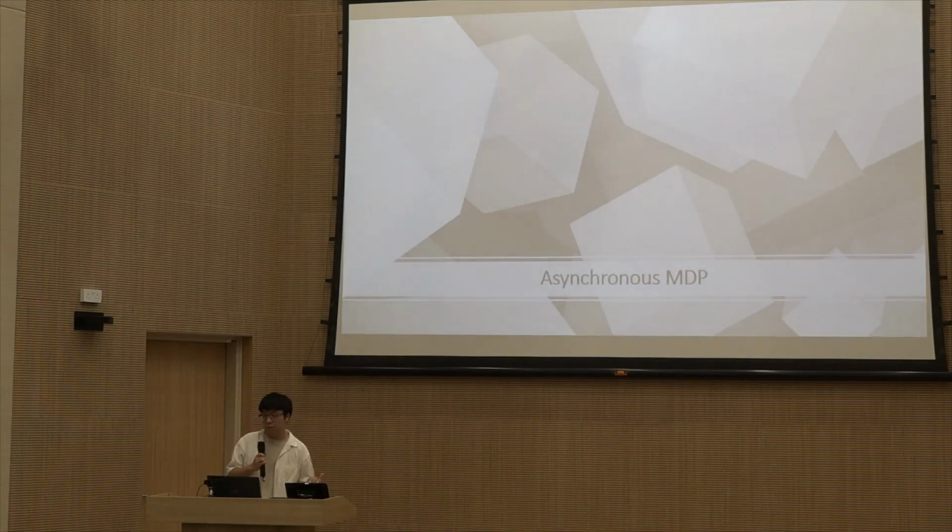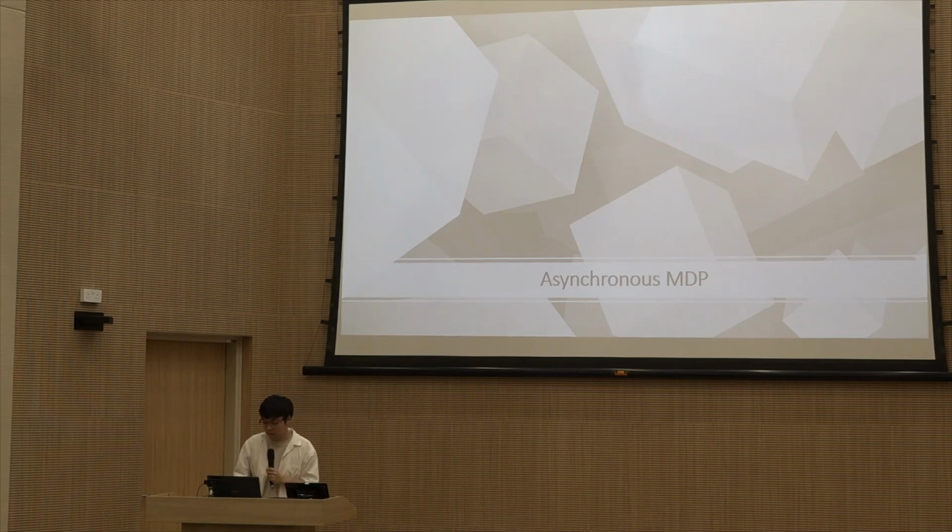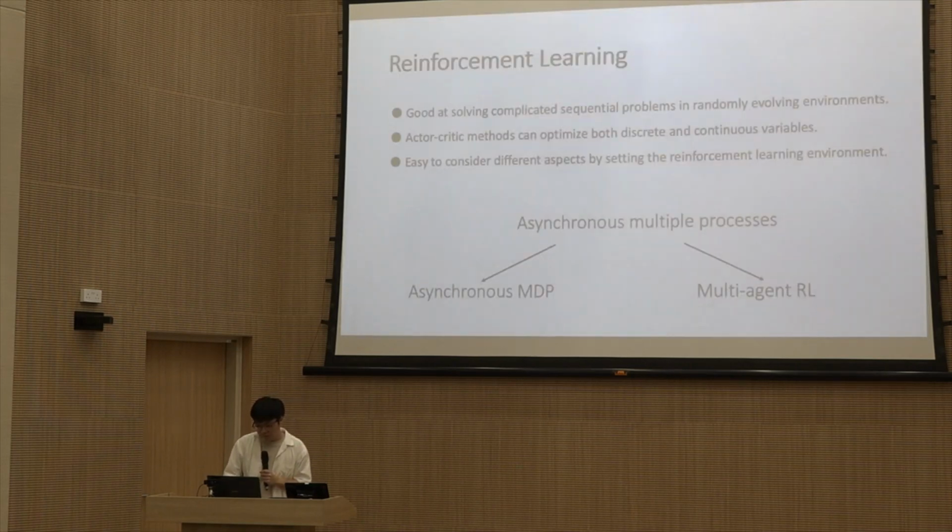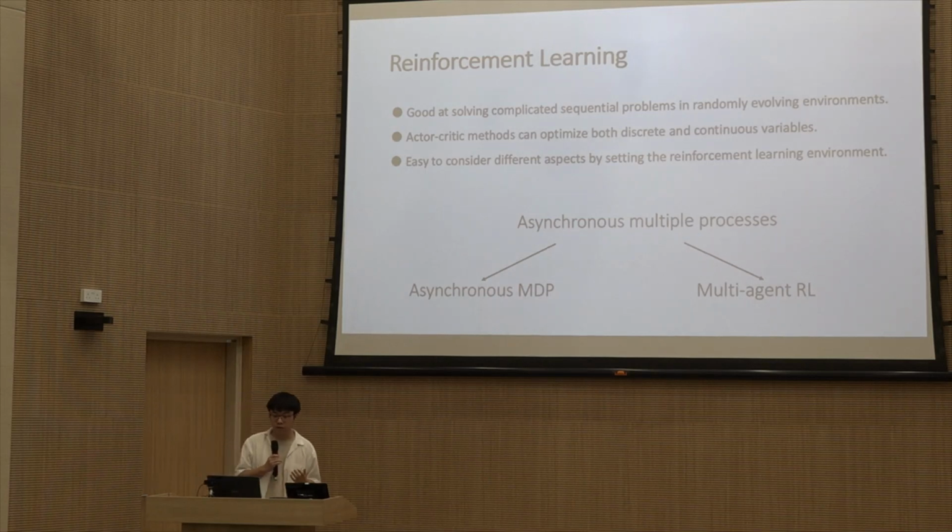So let's go back to our scenario. So in our scenario, there arises a new problem. We call it an asynchronous Markov decision process. So we have known that reinforcement learning is good at solving complicated sequential problems in randomly evolving environments, and the actor-critic methods can optimize both discrete and continuous variables.